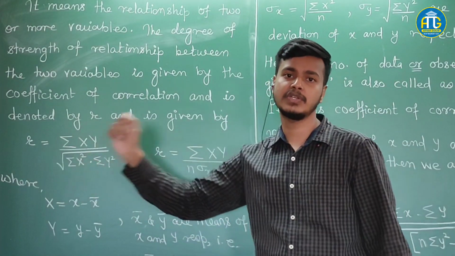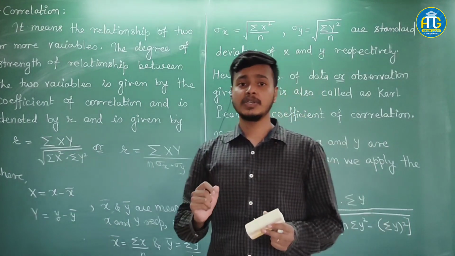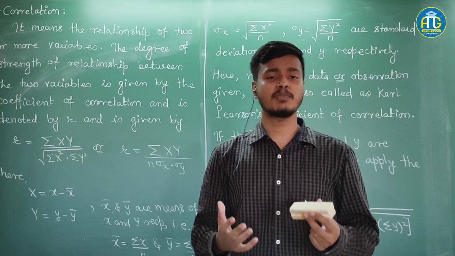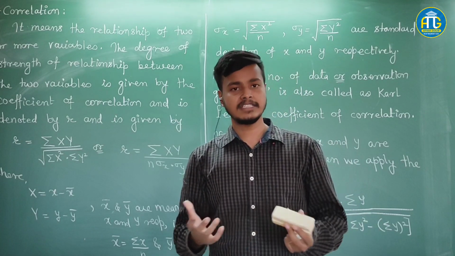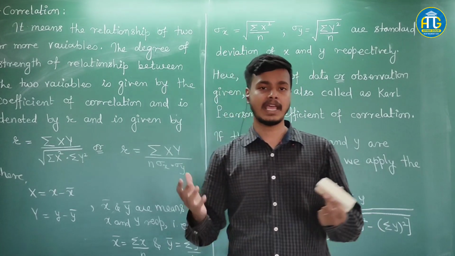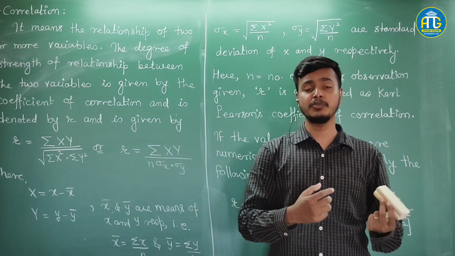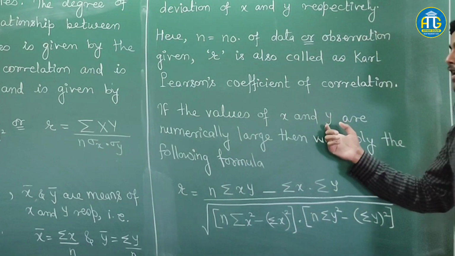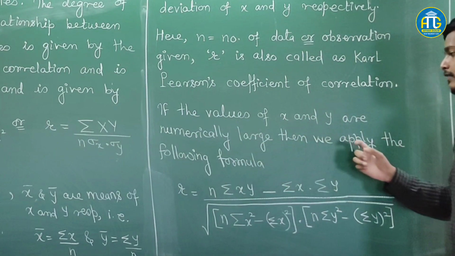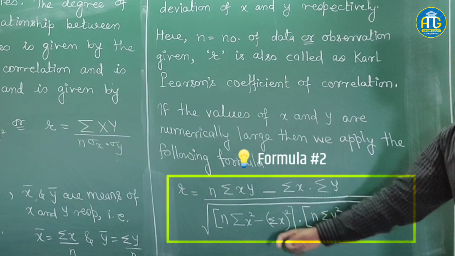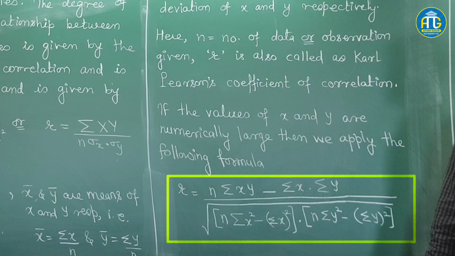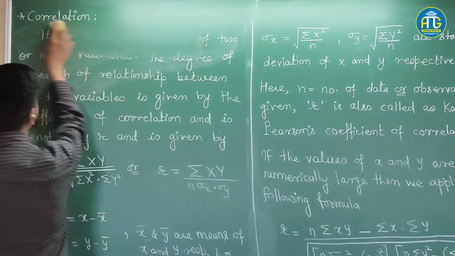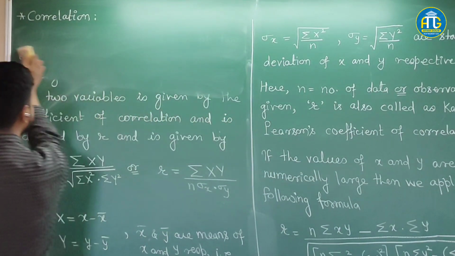But is it the case that you will always have small data? Certainly not. Sometimes we may have small data, sometimes we may have numerically large values. So when the values of x and y are numerically large, then we apply this formula to find the coefficient of correlation.